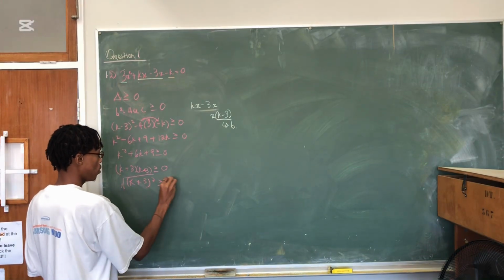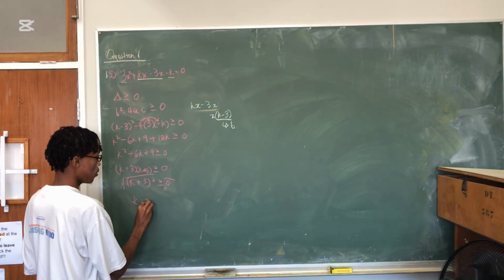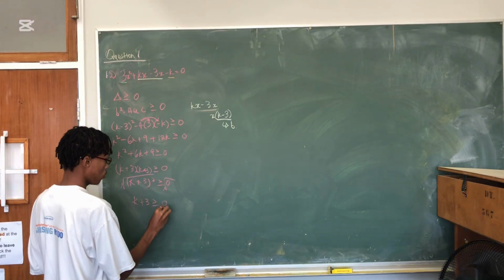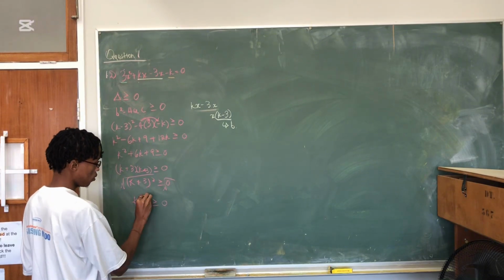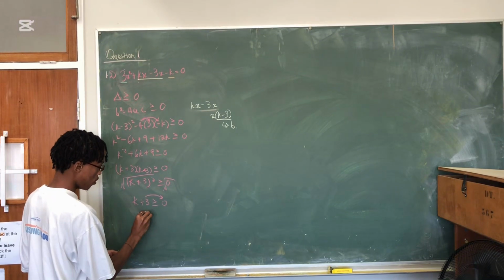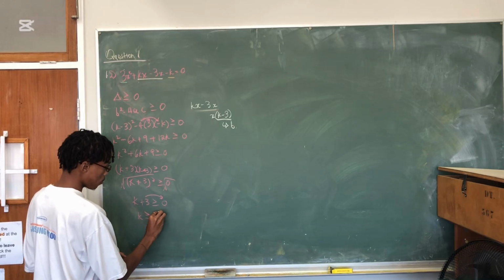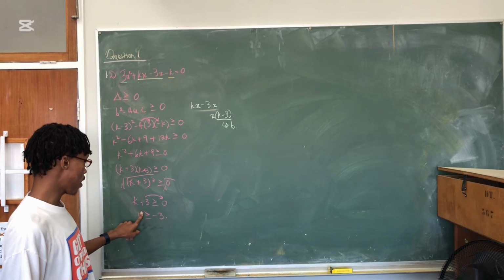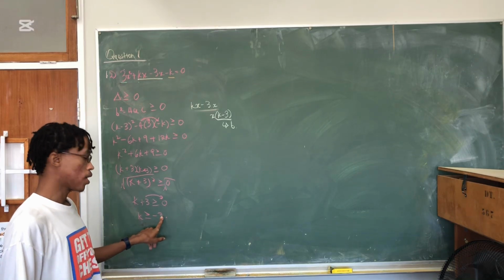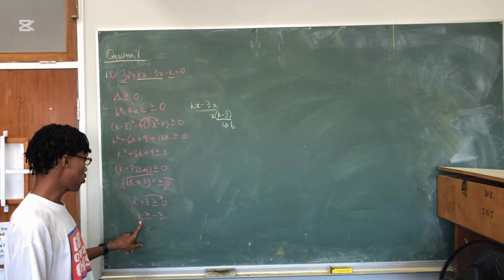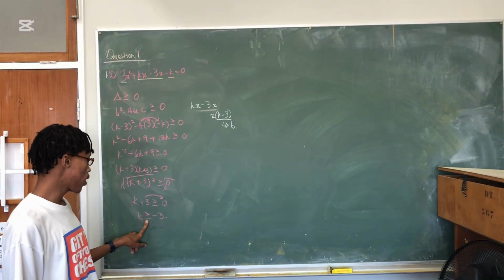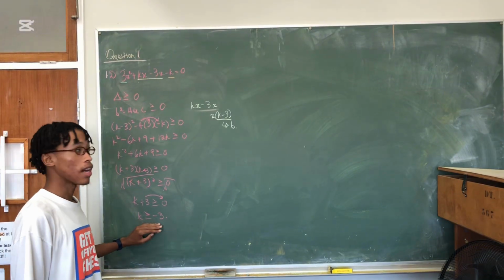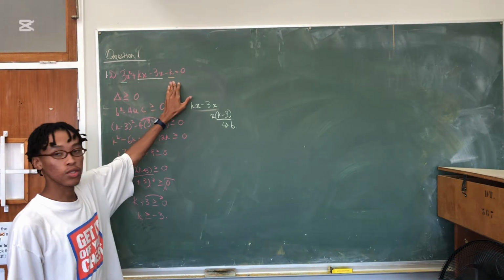The square root, k plus 3 still greater than k. We take 3 to the other side. K being greater or equal to negative 3. Values of k that are greater or equal to negative 3 are the values that will allow this equation to have real roots.